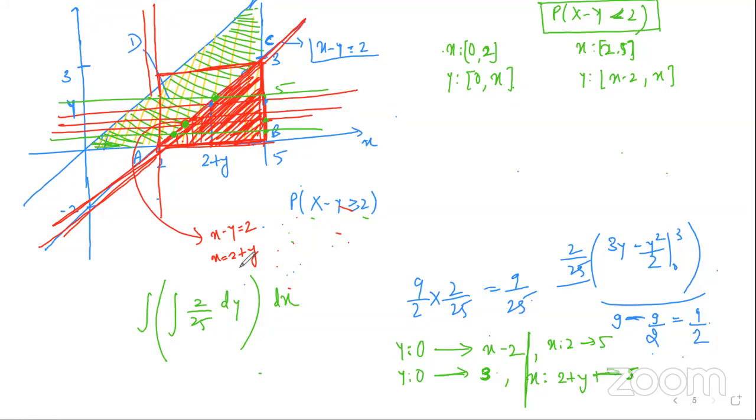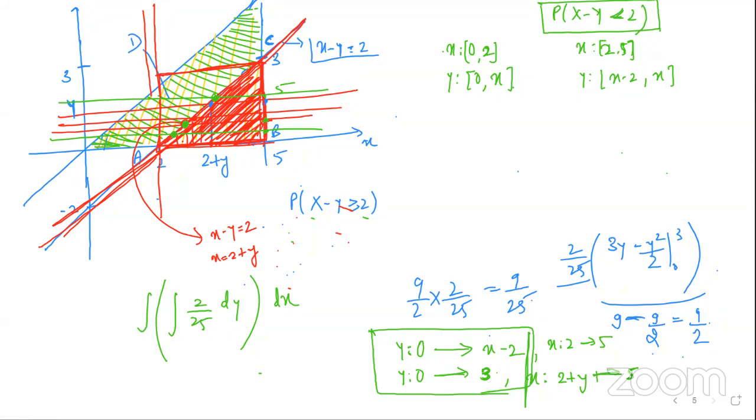Sorry. So any other answer apart from these two? That is, y varying from 0 to x minus 2 and y varying from 0 to 3. Anybody else has any other answer? We require to take a parallel line, ma'am, whether it is y-axis parallel or x-axis parallel.